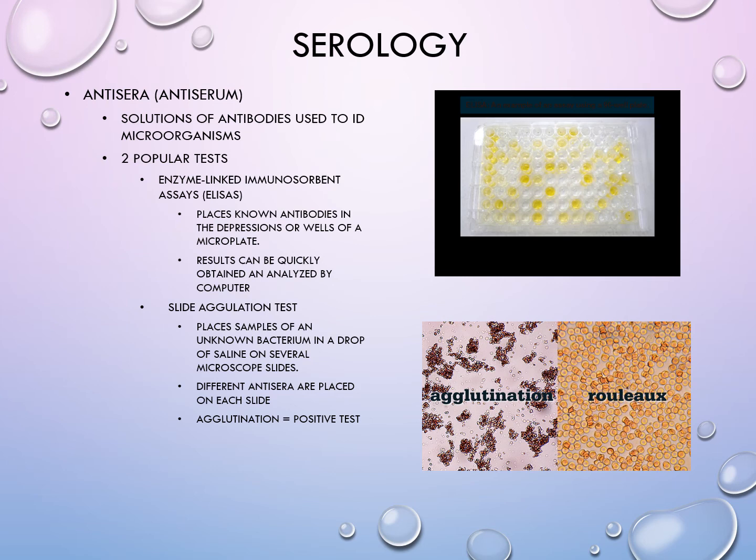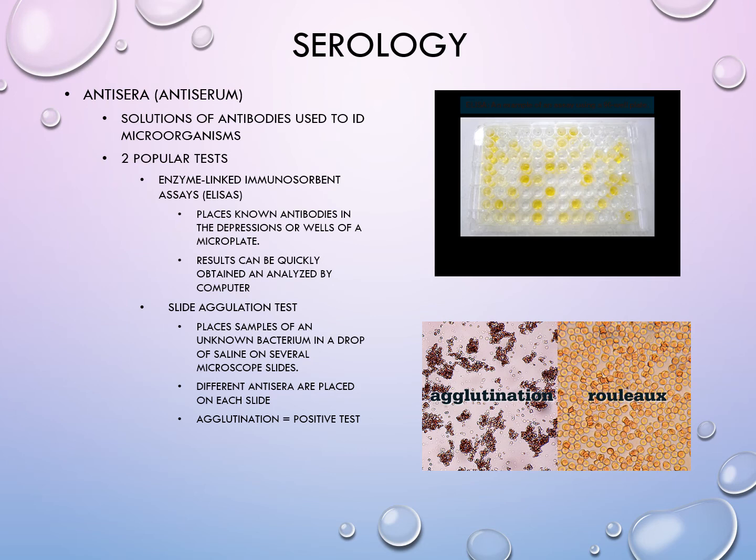So a similar process is used in the lab where solutions of antibodies are commercially produced, and then they're used to identify microorganisms that are unknown, right? So there are two popular tests. One is the ELISA, or the enzyme-linked immunosorbent assay, and the other one is the slide agglutination test.